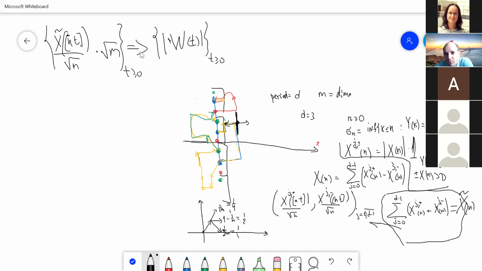And 1 over m is the variance of a jump here. So if we multiply by square root of m, then the variance of jumps above 0 is 1, and from 0 you have just reflection above.